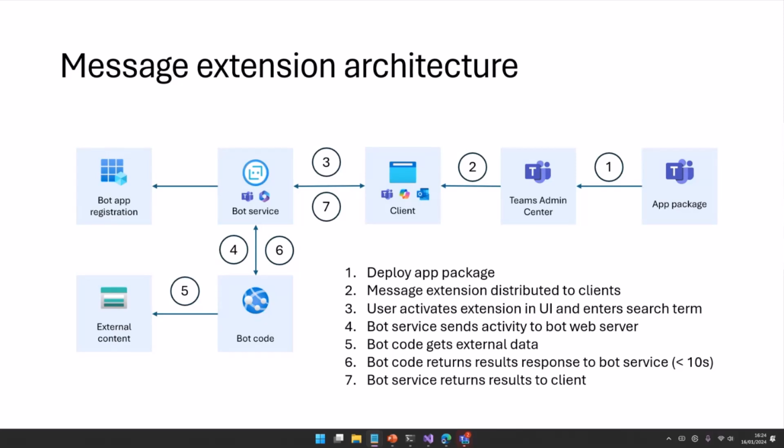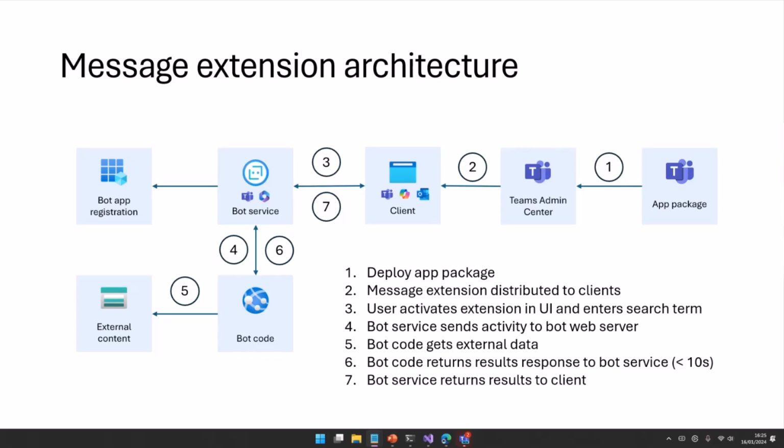And that app package contains a manifest. It basically says, this app contains a message extension, and here's the information that you need to represent that. And that's shown up in the different clients. So it's shown up in Teams, in Microsoft 365 chat, and in Outlook. And when the user is interacting with that client, there are actually messages going to a bot service in between.